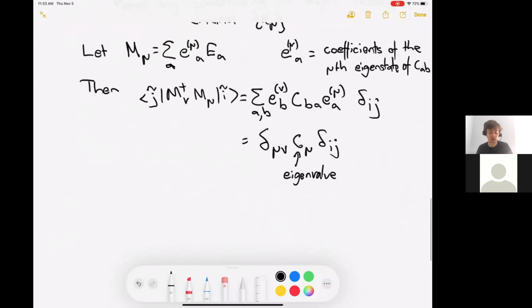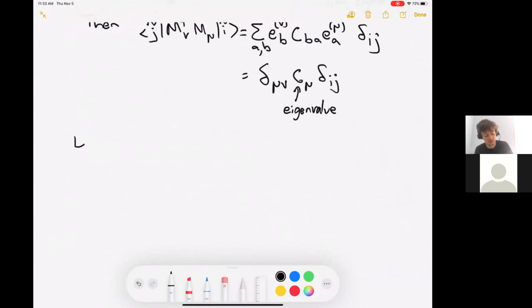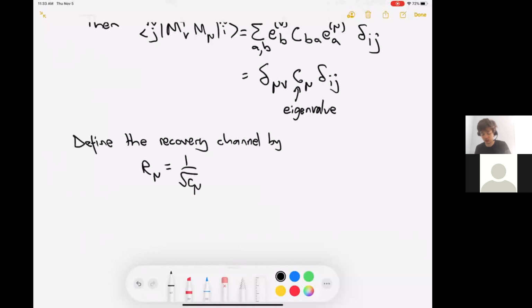Okay, so now we've got our M mu's. We're going to define just explicitly the recovery channel by R mu equals 1 over the square root of C mu, sum over I, M mu dagger.